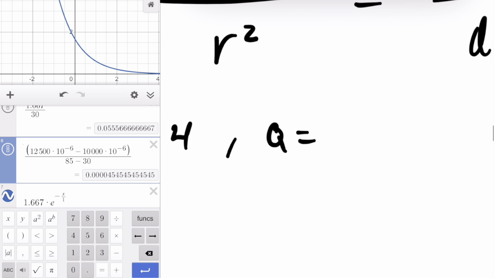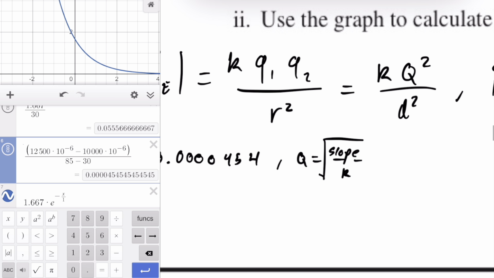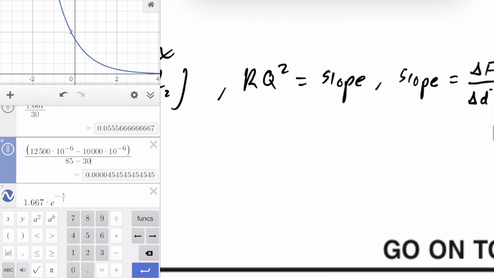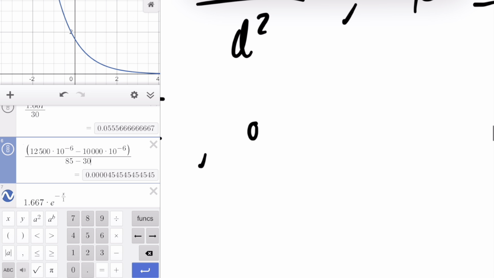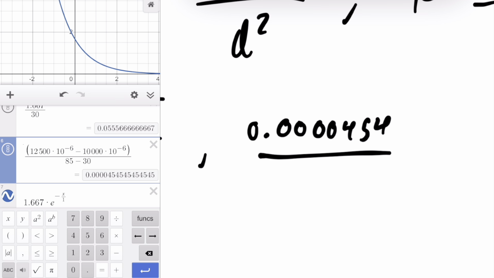Earlier we said KQ squared equals slope. That means Q has to equal the square root of slope divided by K. I would have just divided by K and then taken the square root of both sides to get Q by itself. So now I'm going to plug in my values. I'm going to get 0.000454 divided by, and the Coulomb's law constant is 9 times 10 to the ninth.